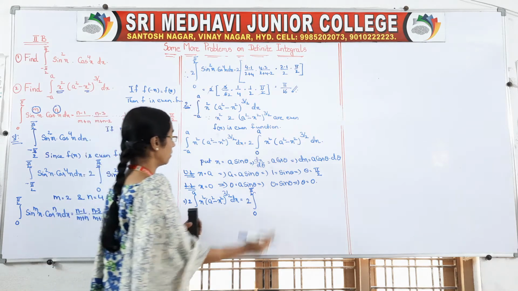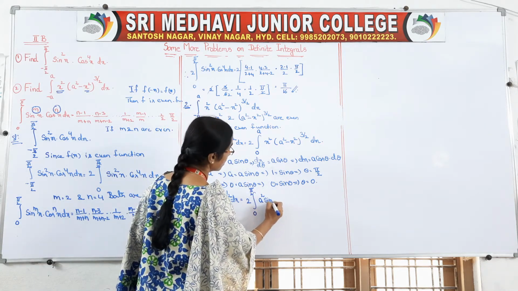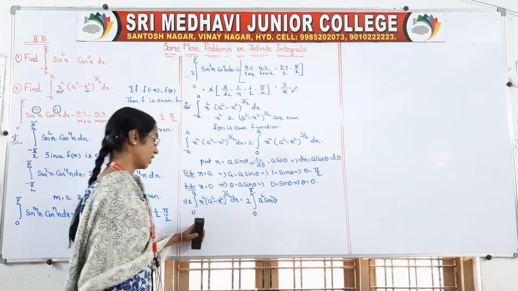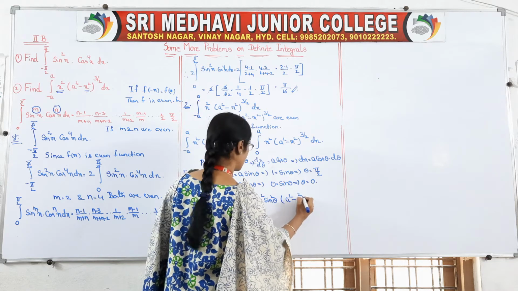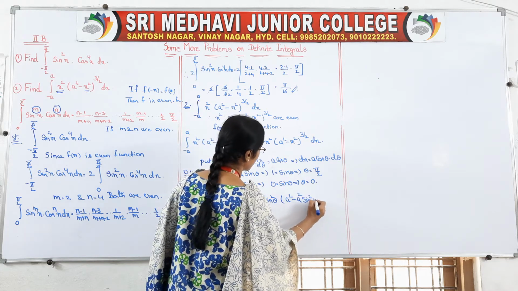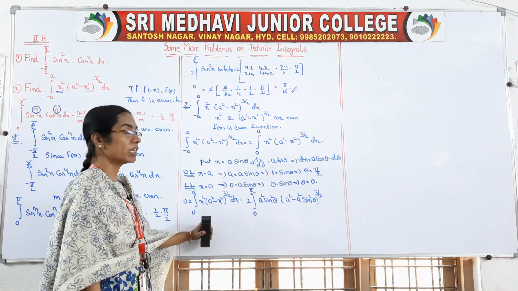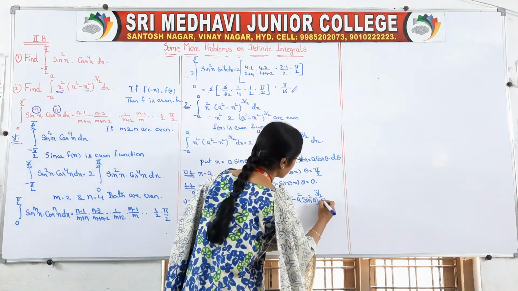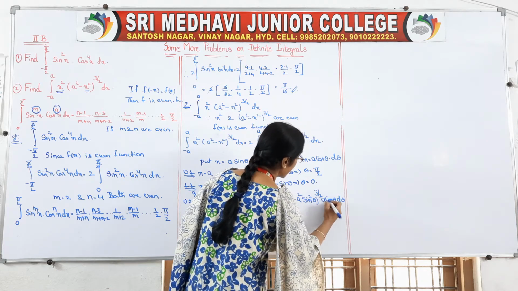X square, x value we have taken a sin theta, no? So it is a square sin square theta into (a square minus a square sin square theta) to the power of 3 by 2 into dx. Dx is a cos theta into d theta.